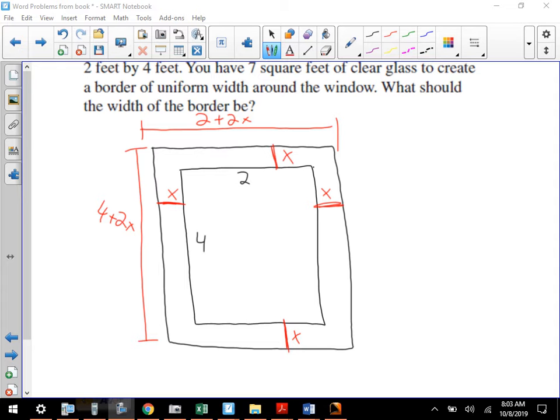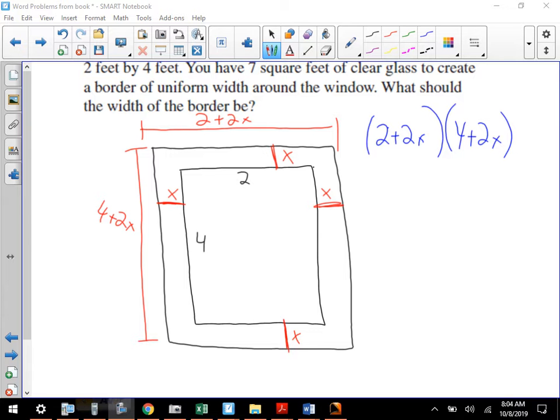Combine like terms. All right. Now, how do you find the area of a rectangle? Base times height, length times width. Doesn't matter which one you say. So my new area would be 2 plus 2x by 4 plus 2x. Everybody okay with that?